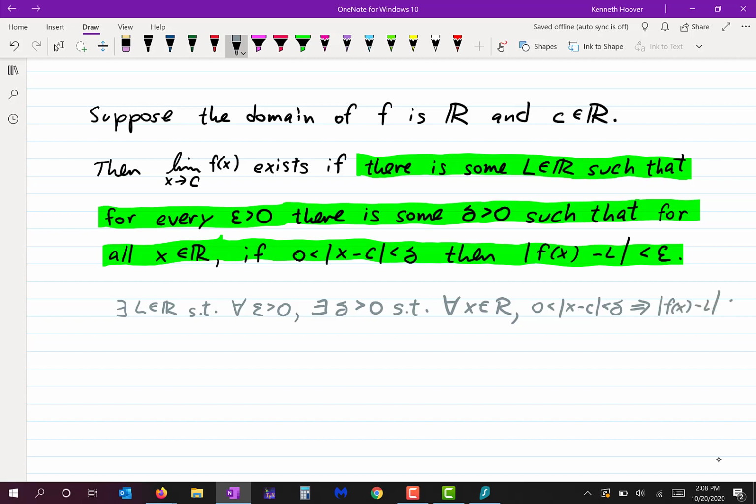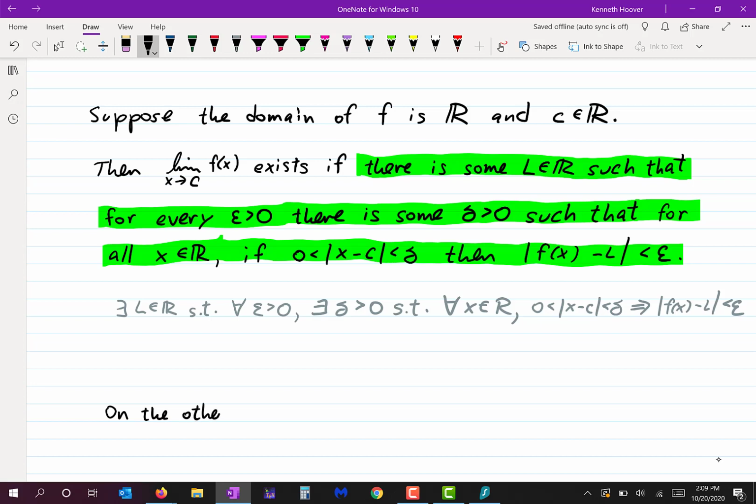Okay, now that we have the definition of limit translated into symbols, we can negate it with symbols, and then we will be able to write a sentence that will look like this.